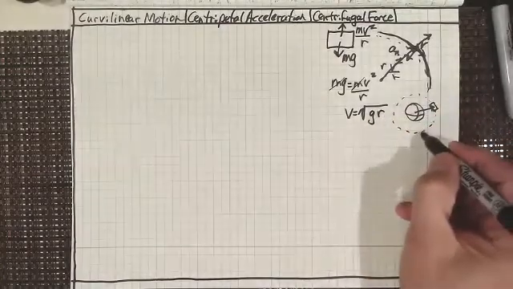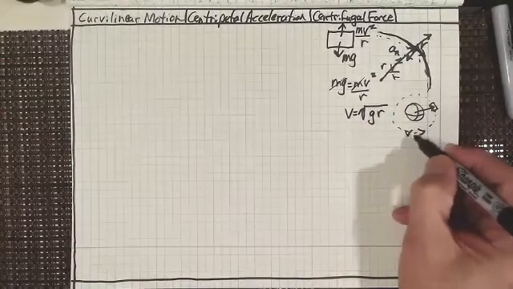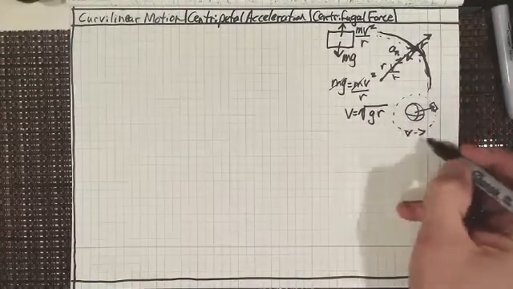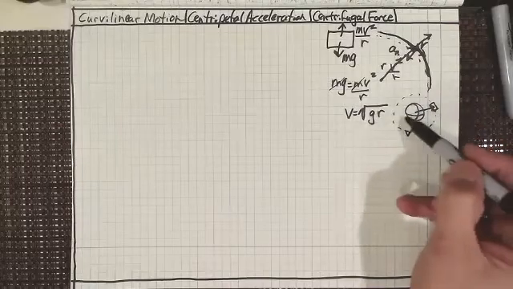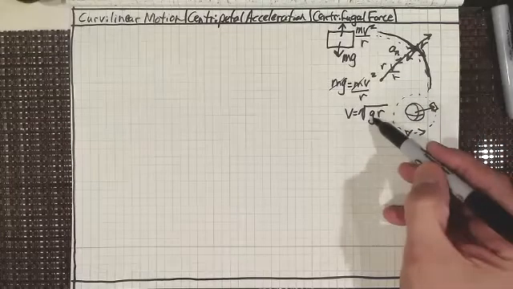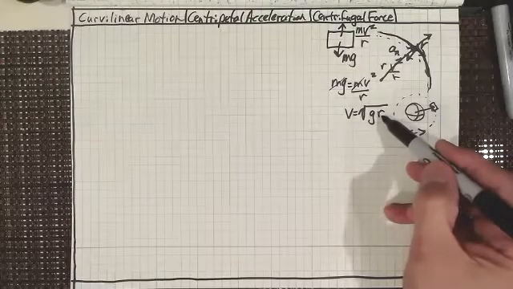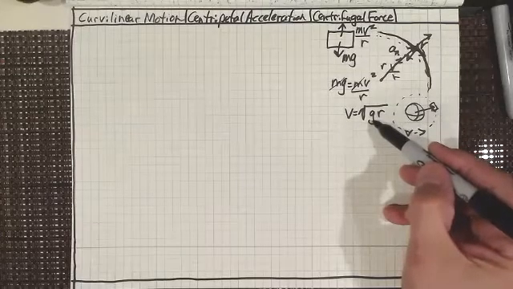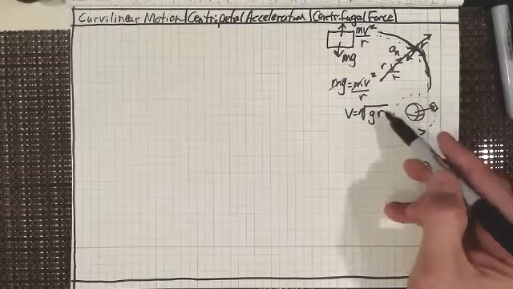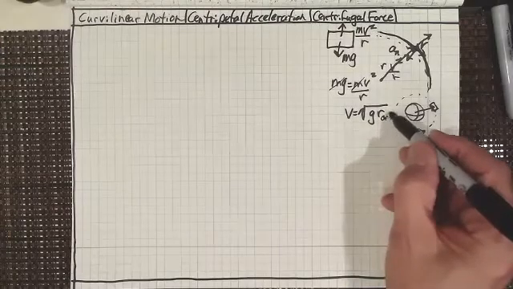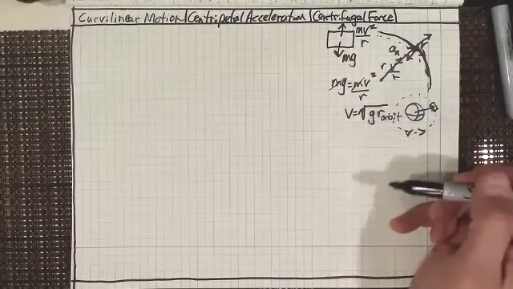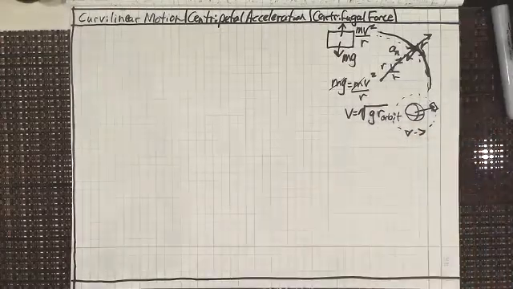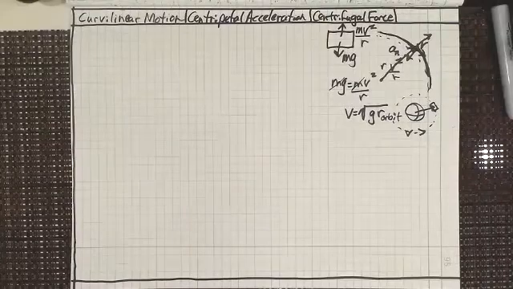So if I wanted to find out what the velocity was to stay in that orbit, in this low Earth orbit or whatever, it'd be the square root of g times r, the gravitational constant times the radius of the orbit. This would be the radius of the orbit, and that would be the gravitational constant at that distance from the center of the planet.